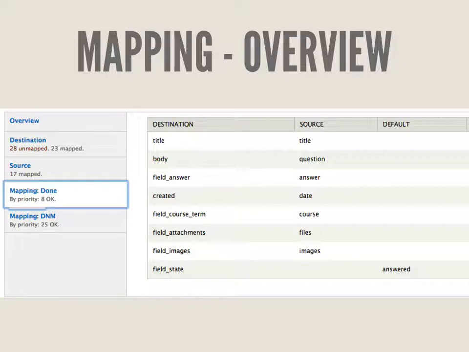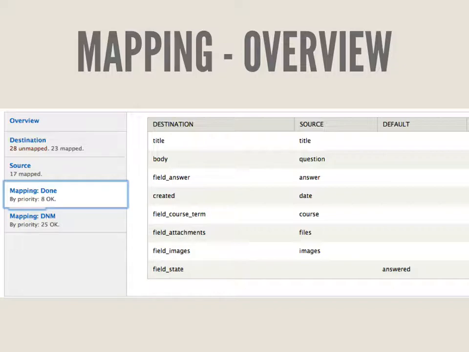You get an overview, and there you will see a lot of information about the current migrations. For instance, you find information on your source data, on your destination data, and also your mapping summaries. And this is a great way to see which field has already been mapped to destination fields.